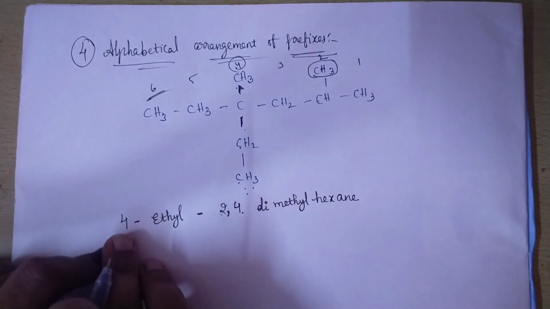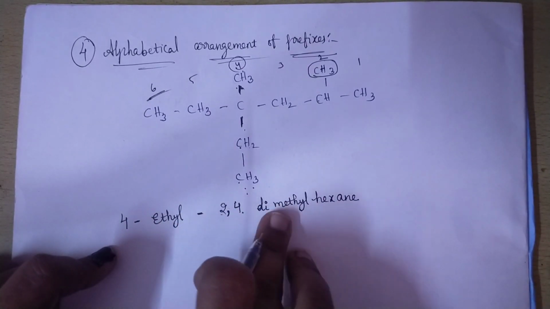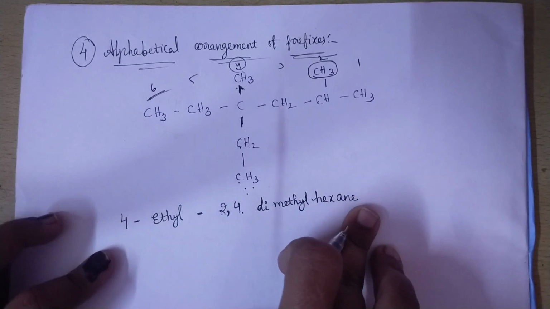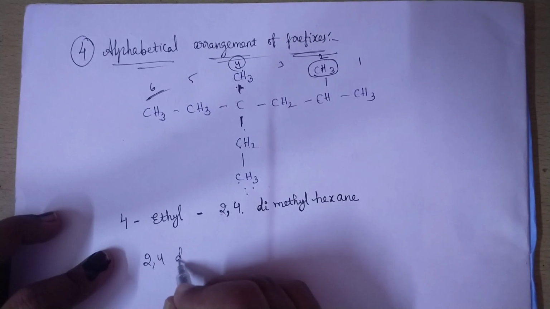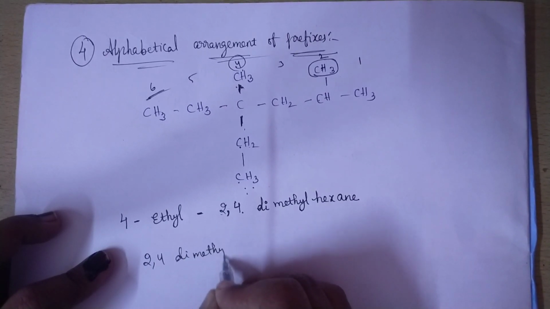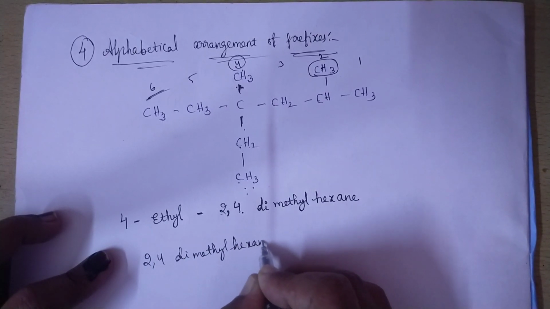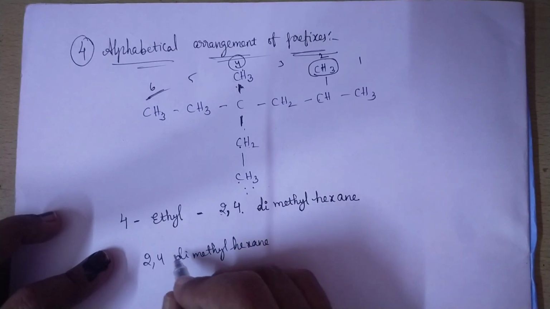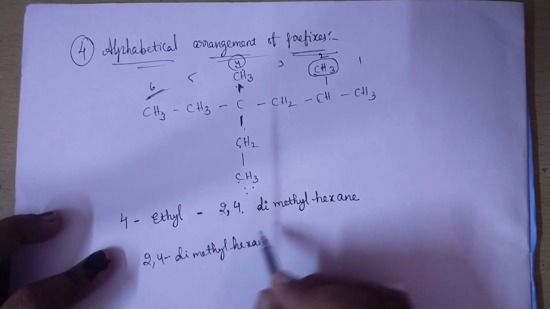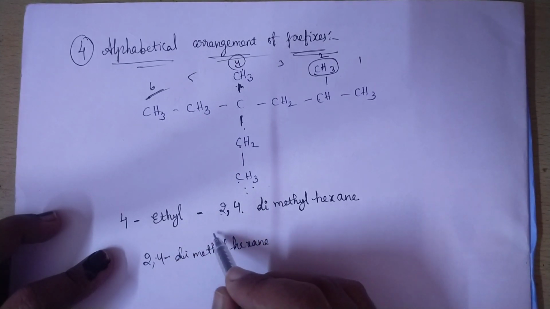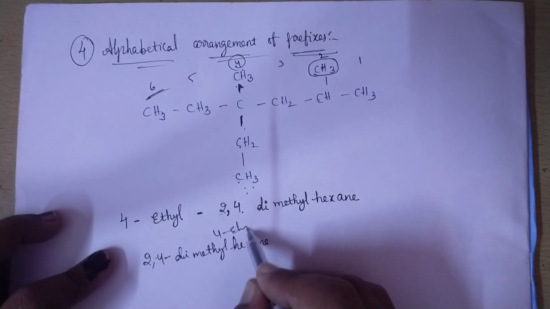So the name will be 4-ethyl, 2,4-dimethyl. Actually we could write the name first as 2,4-dimethyl hexane, 2,4-dimethyl and 4-ethyl.